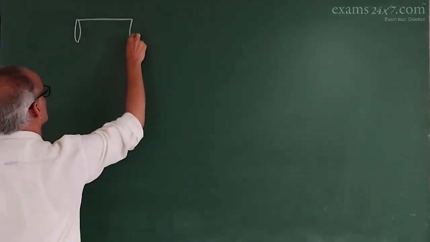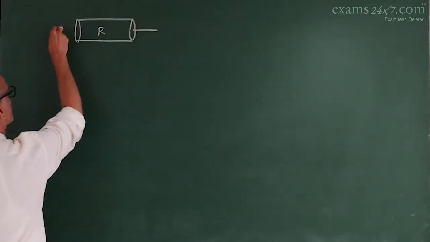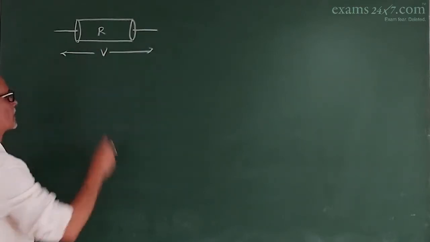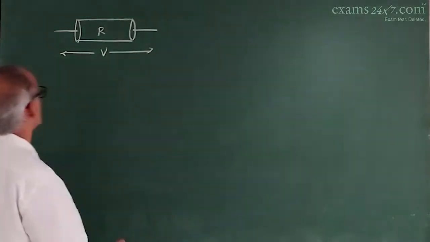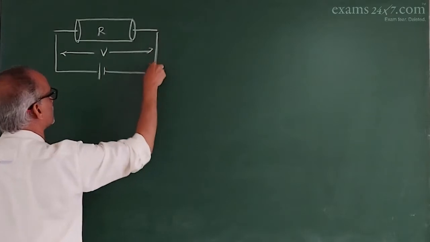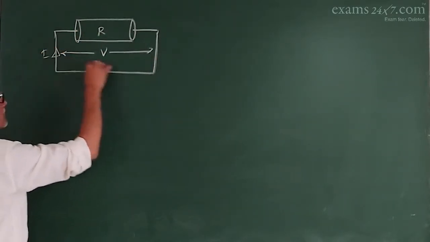So if I consider a conductor of resistance R, across which a potential difference V is applied with the help of a battery, then a current I flows through the conductor.